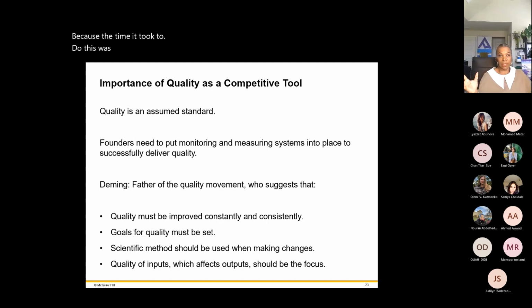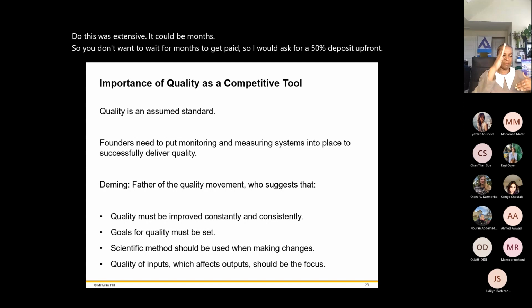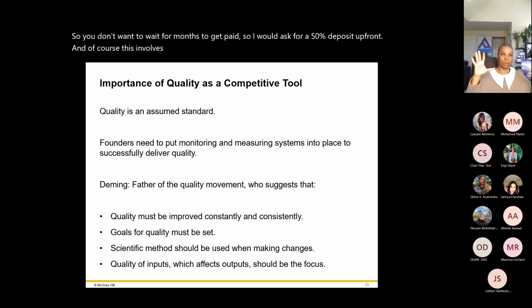It could be months. So you don't want to wait for months to get paid. So I would ask for a 50% deposit up front. And of course, this involves contracts and a proposal and all this other stuff in place.